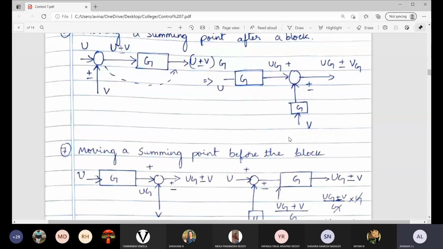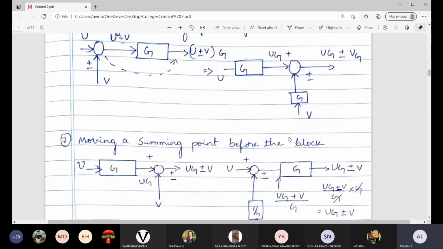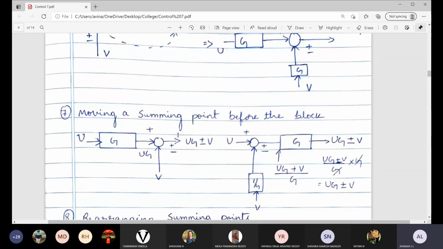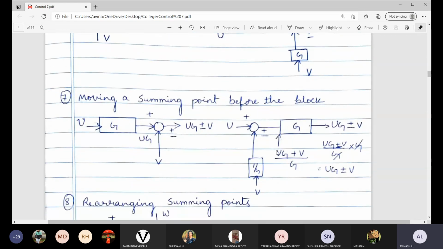Here the same block value we consider. Now moving a summing point before the block, that means to the left hand side. Here what exactly happened? This particular phenomenon you people know. Here the reciprocal of the block is included. Okay. Now do you have any doubt in this one?